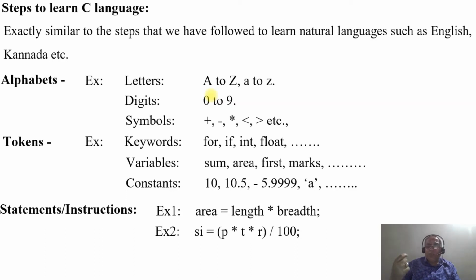That means P into T into R by 100. Principal into term into rate of interest divided by 100 will give you the simple interest. Again, you can observe the statements: all the statements end with a semicolon, and similarly here also it ends with a semicolon. If you don't give the semicolon, then it becomes an error, a syntax error.